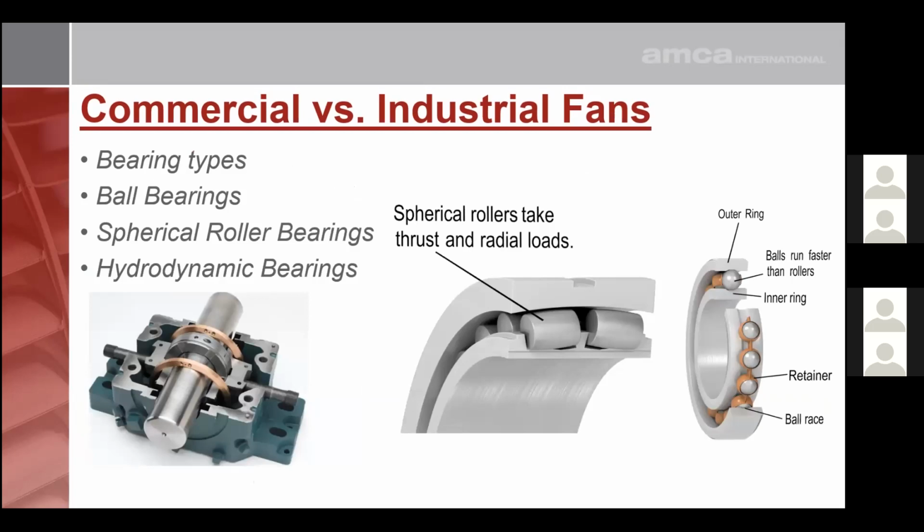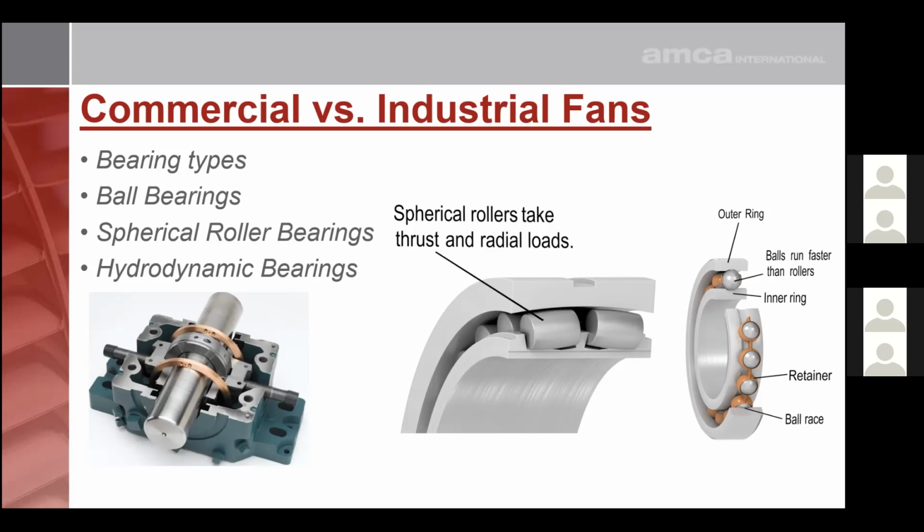So the commercial fans typically feature ball bearings. Ball bearings can operate at higher speeds, but have lower load capacity. Industrial fans typically feature spherical roller bearings. Since the rollers make a line contact rather than a point contact, they can accept higher radial and thrust loads compared to a ball bearing.